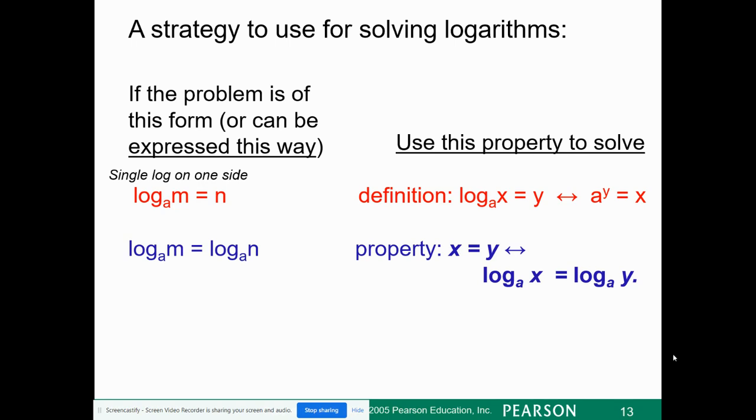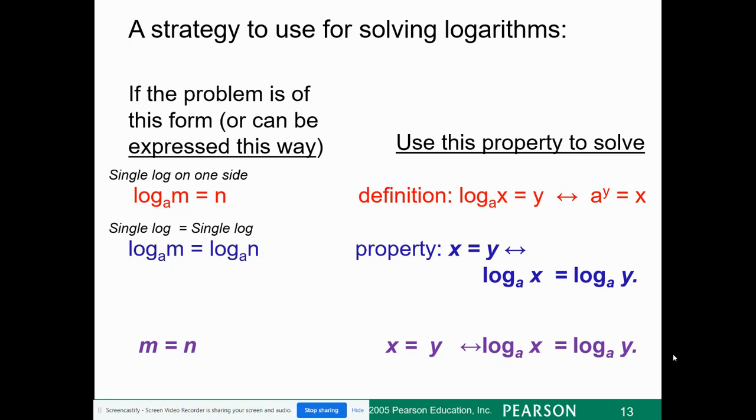On the other hand, if I have a single logarithm equal to a single logarithm, then I can use that property that we just saw. I can basically drop the logs. Single log equals a single log. It's important that it's a single logarithm equal to a single logarithm for this property to apply.